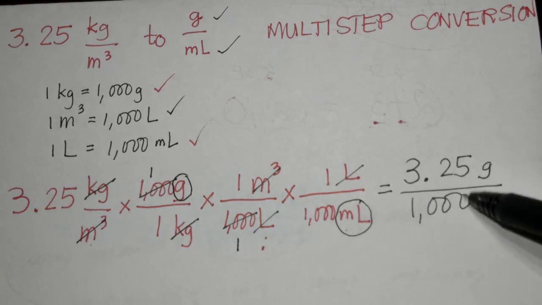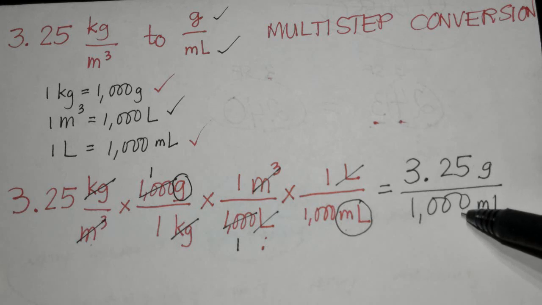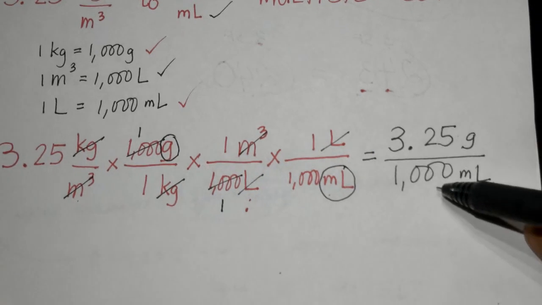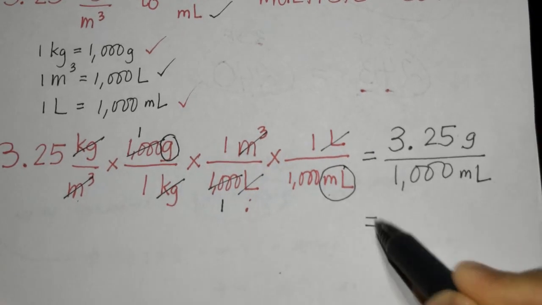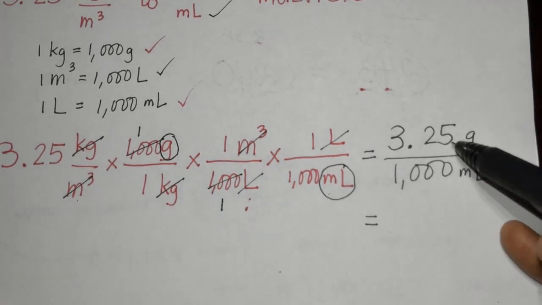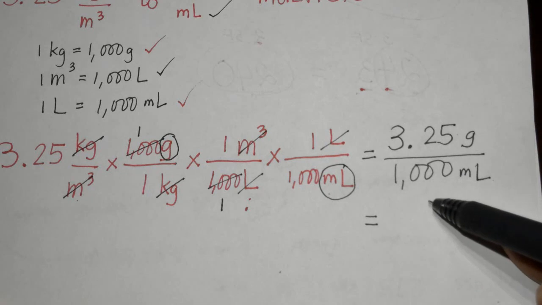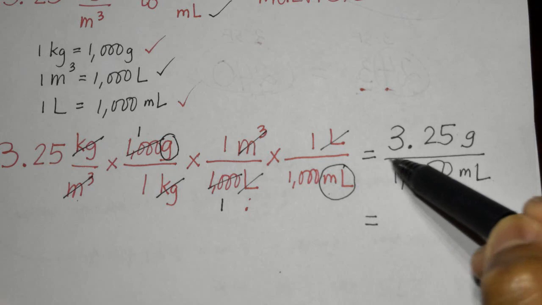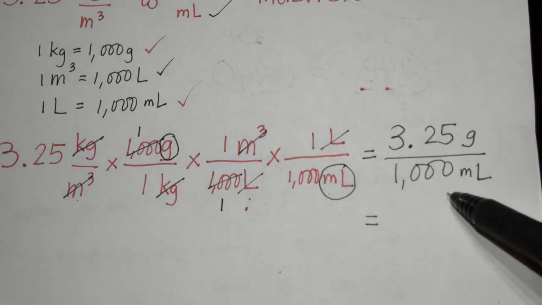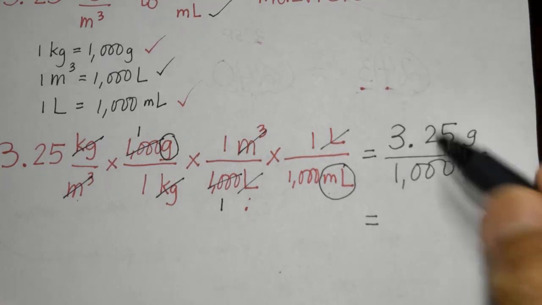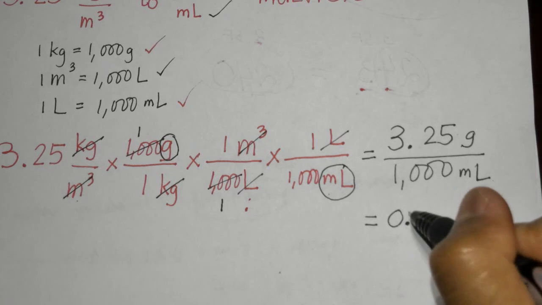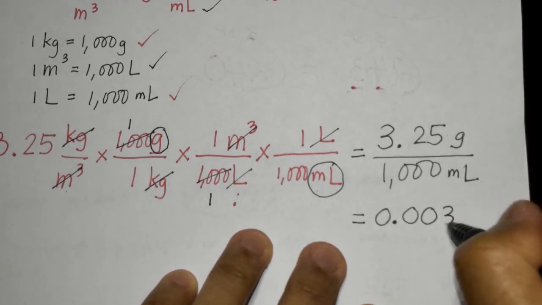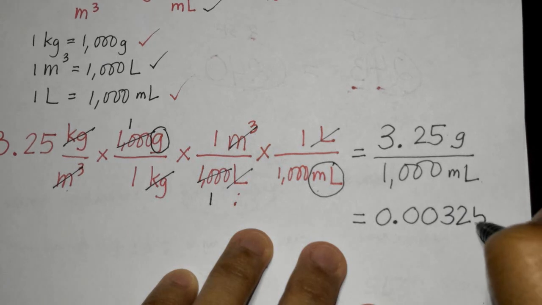So we're putting in place all the ones in the numerator and then all the ones in the denominator. Then once we figure out the final products of the numerator and denominator, we can finalize that in our calculator by dividing the top by the bottom. So that's going to be 3.25 divided by 1,000. And in your calculator, you will get 0.00325.